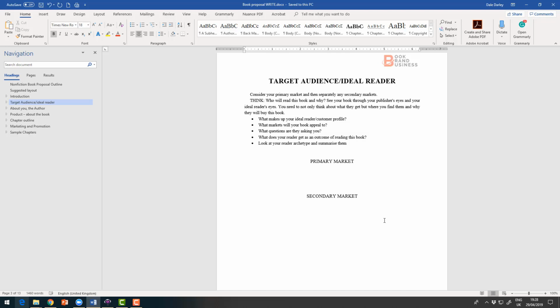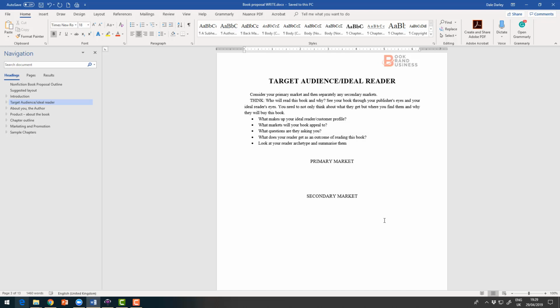Now you're taking your reader on a journey. So what does that journey consist of? And what outcome does the reader get from reading your book? So I would create a reader archetype, this ideal reader profile, however you decide to put that together. And then I would summarize who that person is.